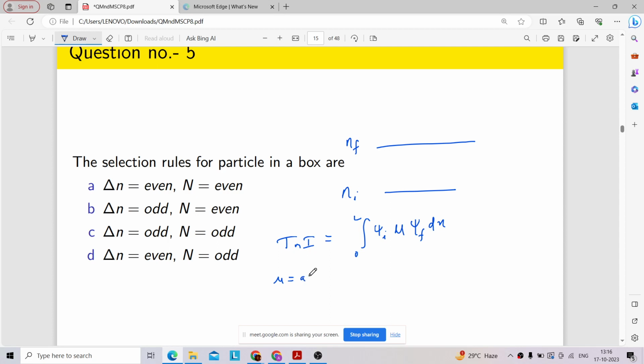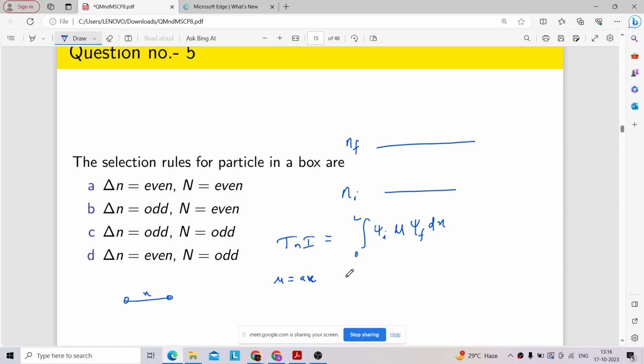Let's say charge is constant A and distance is x between the two particles, separated by some distance x.